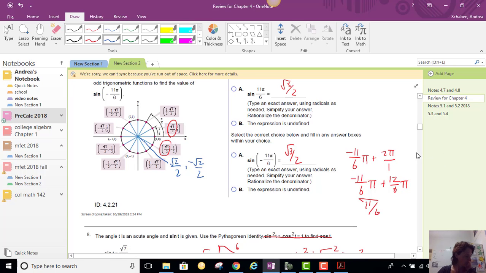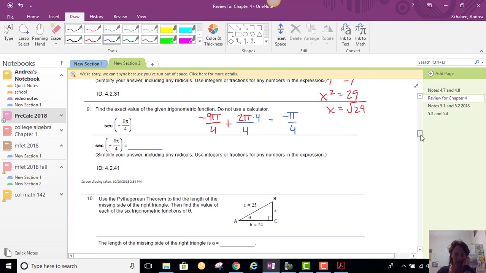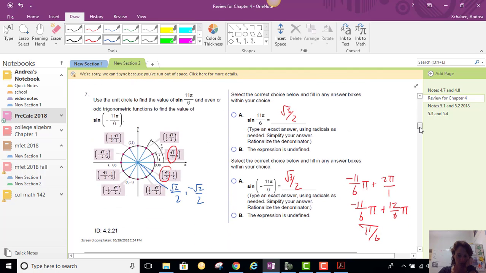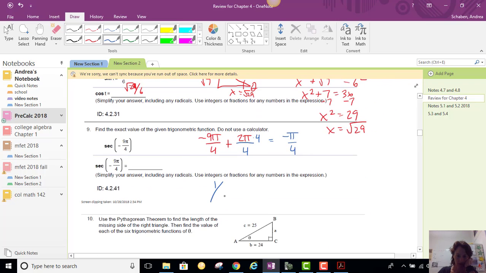So we're looking for the secant of that. That's 1 over your cosine. So 1 divided by square root of 2 over 2 is the same as 1 times 2 over the square root of 2. Rationalize that by multiplying numerator and denominator times square root of 2, and you end up with just square root of 2.